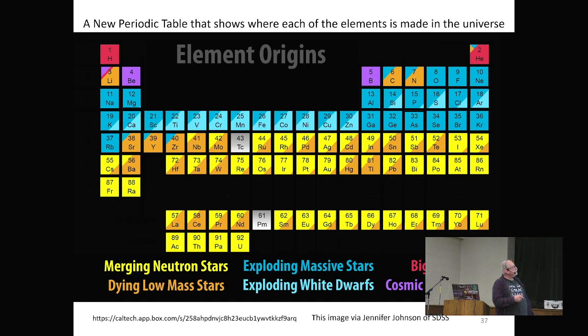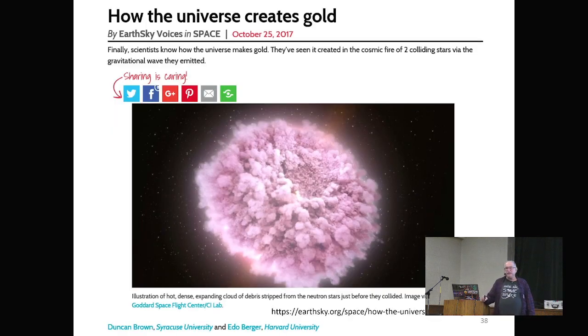So this periodic table shows you exploding massive stars, that color, exploding white dwarfs. But merging neutron stars are this yellow color that explains a lot of these heavier elements. And we see this process in the gravitational wave telescopes that we have.